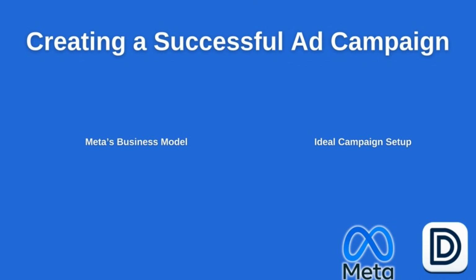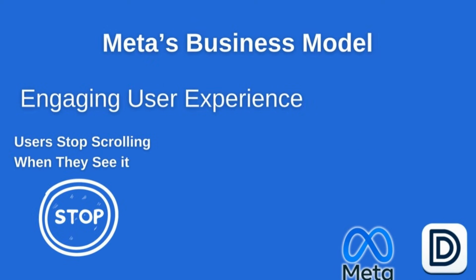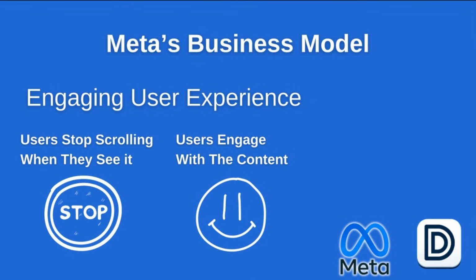So that being said, we have to understand that Meta's business model is built around an engaging user experience and the retention of attention for profit. An engaging user experience is all about creating content so that users stop scrolling when they see it. And we want users to engage with the content.